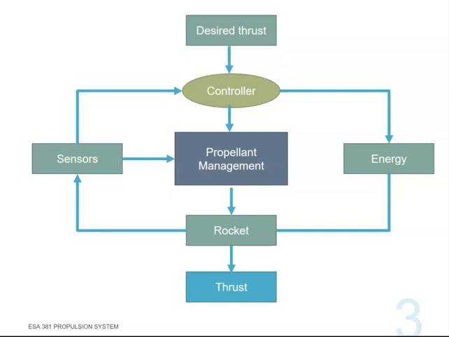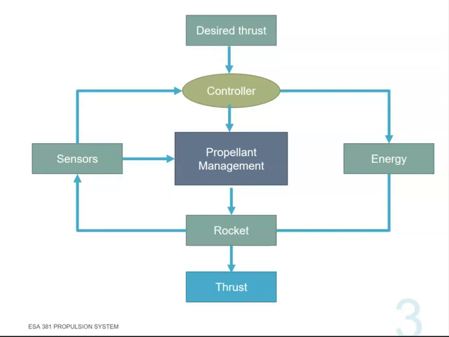First, you can see that this propellant management system also includes the controller. Controller meaning that from the electronics system, you need a certain value to be given to this management system, which is calculated based on how much thrust is desired.